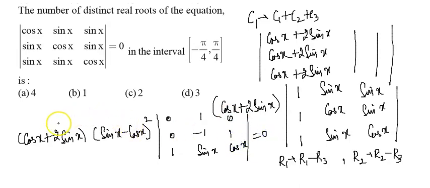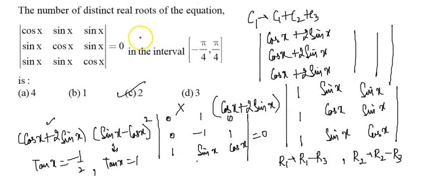So from this we can say tan x is equal to minus 1 by 2, and from this we will get tan x is equal to 1, and this will be a constant, so you need not bother about it. So we are getting two solutions out of this.